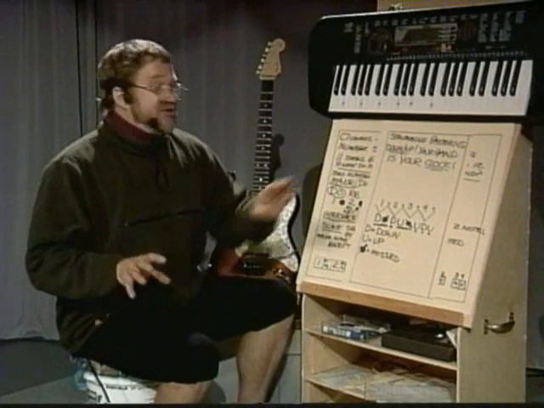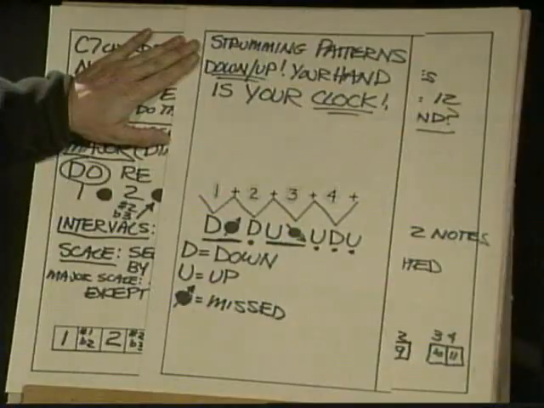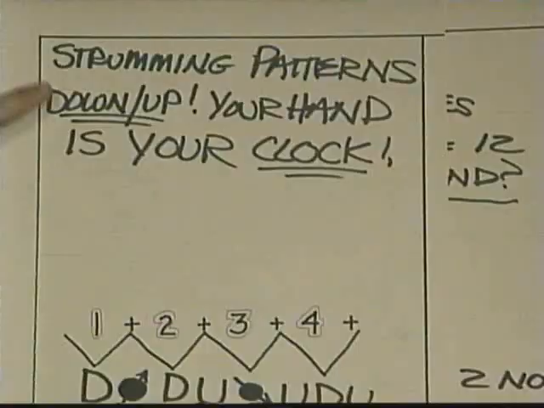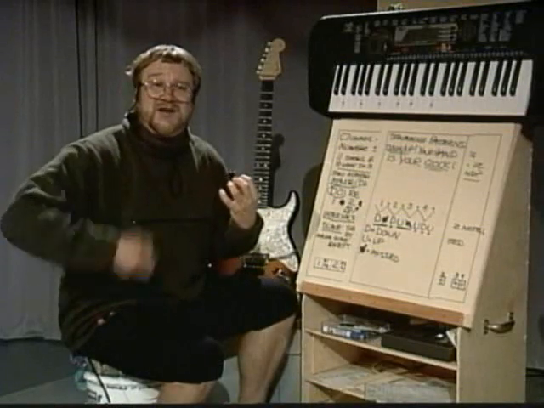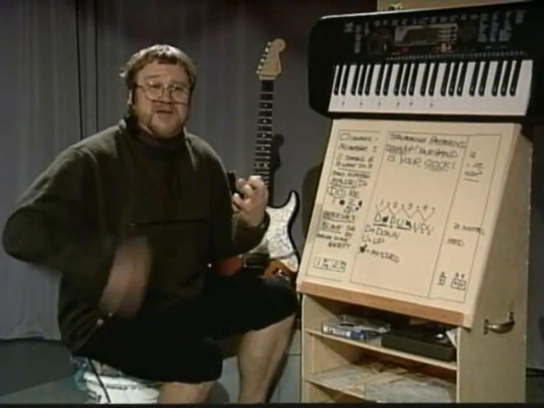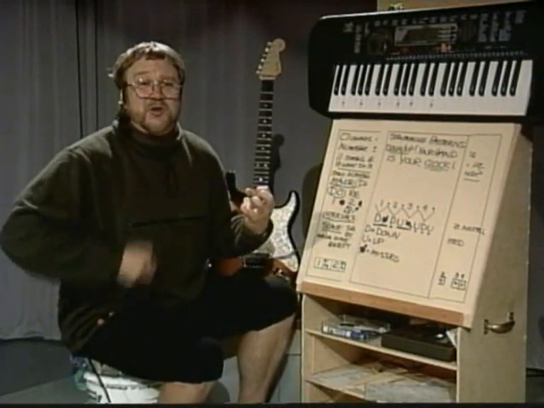But one thing we only talked about a little is how important it is to understand that the same concept of down and up religiously applies also to the way you strum chords. What you're going to find out is a lot of you are not going to get this right at first. You're going to be stopping and starting and going faster and faster with your hands, but that's not really the way strumming generally works.